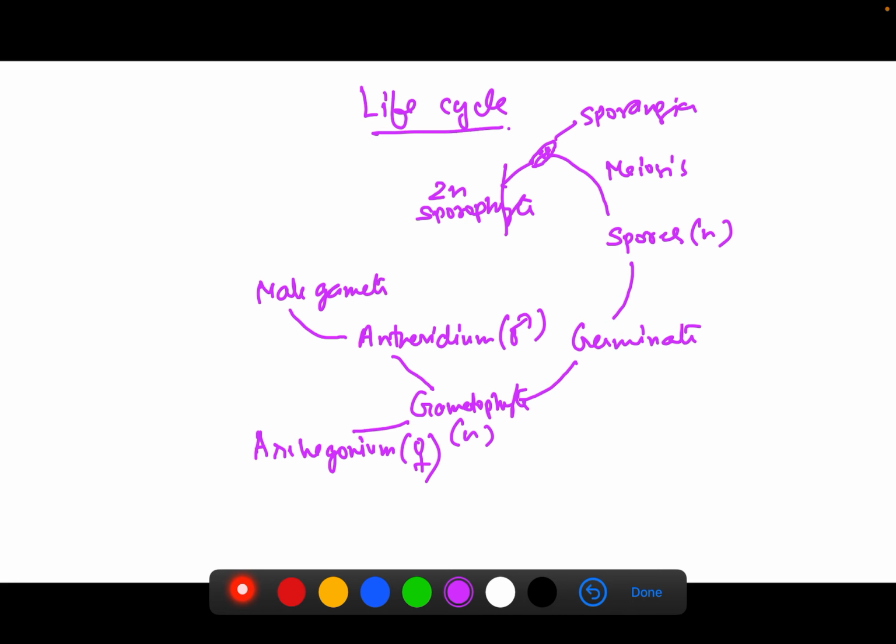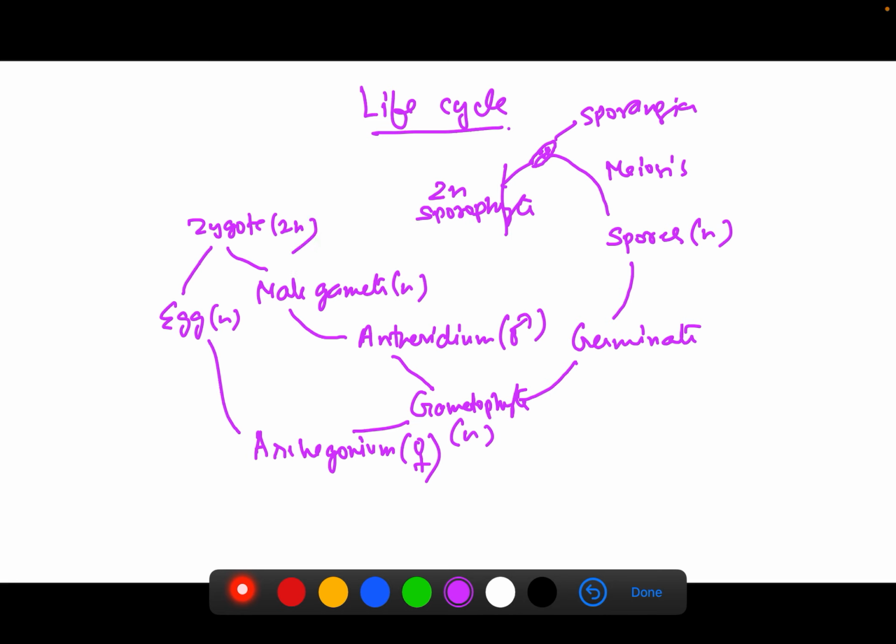Within the archegonium, what will be produced? The egg will be produced. These are all n in number. The egg and the male gamete will fuse to form the zygote. The zygote is 2n in number.